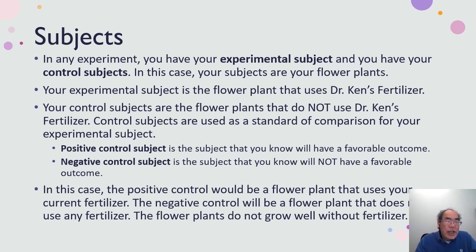Next we have the subjects. In an experiment, you have experimental subjects and control subjects. The experimental subject is the subject where treatment is applied. So in this case, we're going to be using flower plants. So the experimental plant will be the flower plants that are treated with Dr. Ken's fertilizer.